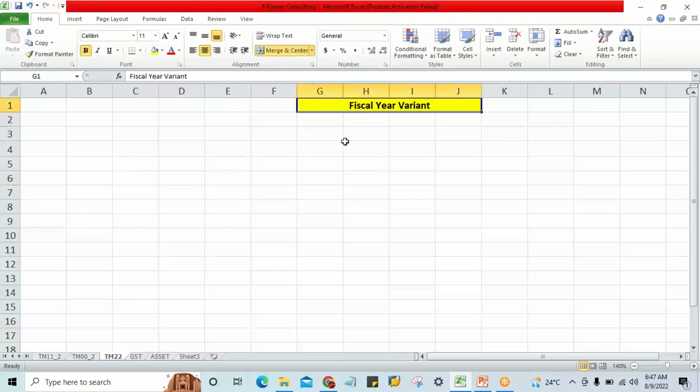Now, fiscal year variant, as I said, when you talk about Tata Motor, right? So Tata Motor means we have created a company code, right? If we talk about enterprise structure, guys, creation of company code is a mandatory setting. You must create a company code, in the sense that the existence of Tata Motor must be there.